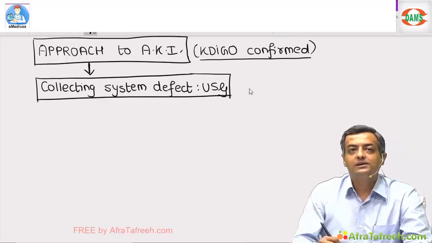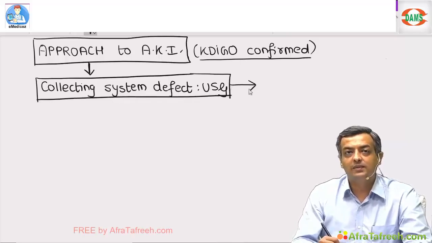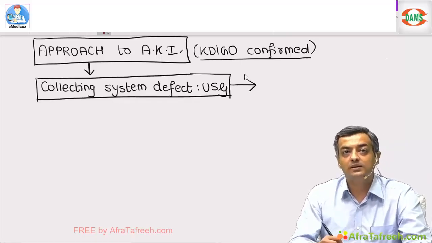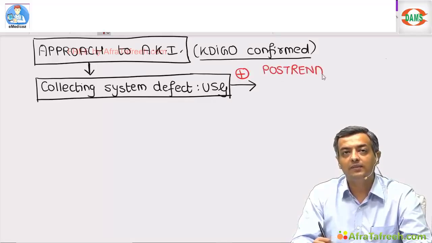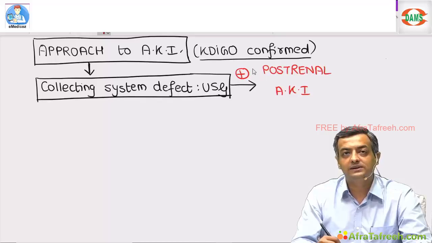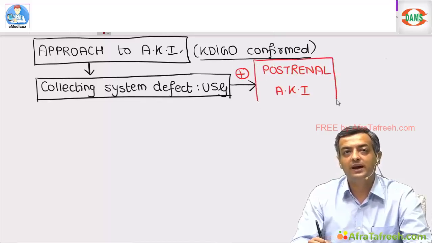Why? Suppose the collecting system is abnormal. What can you confirm? You can confirm the diagnosis that this is a patient of post-renal AKI.